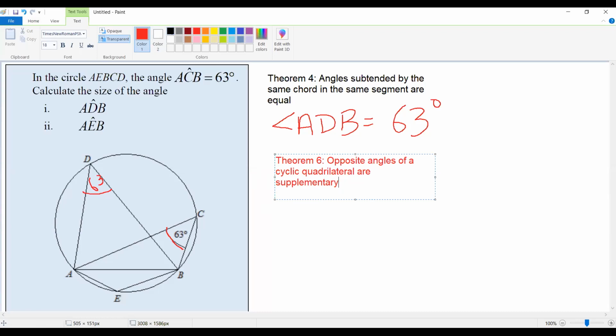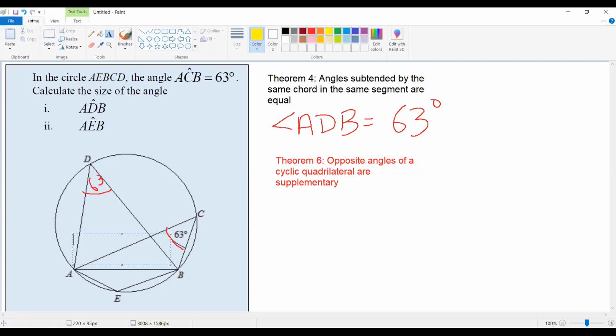And how do we go about doing this? Since we know it's a cyclic quadrilateral, and we're looking at AEB, right? It's cyclic because, as we can see here, it forms a quadrilateral.